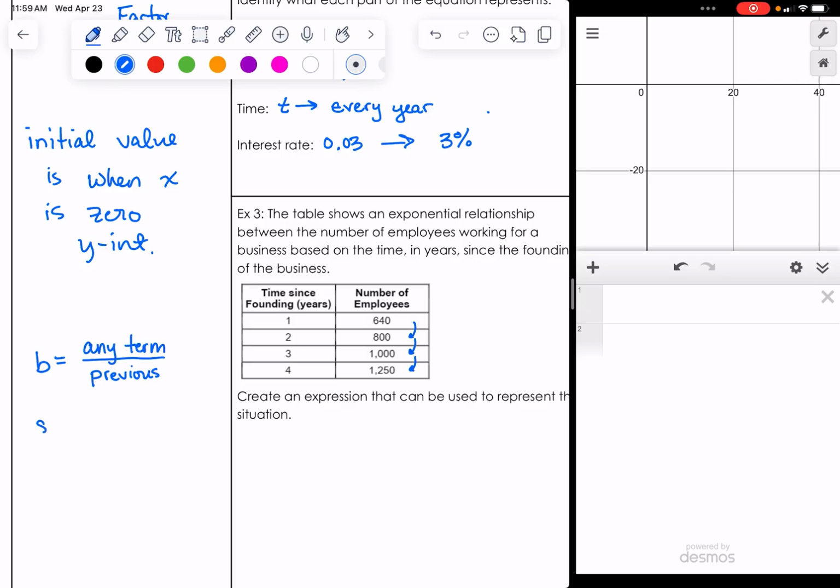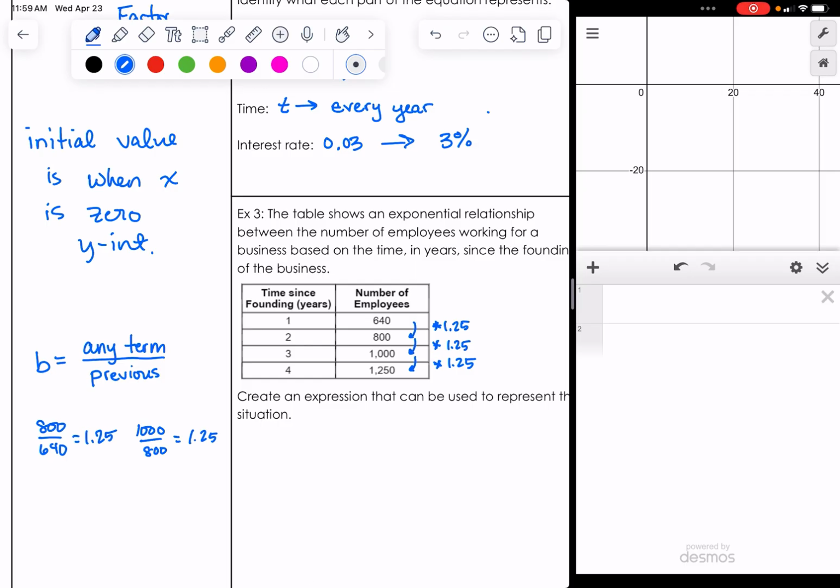So if we take 800 and divide it by 640, we get 1.25. If we were to take 1,000 and divide it by its previous term, 800, we'd get 1.25 again, which means that as we go from year to year, we are multiplying by 1.25 each time. It's our common value, or our common ratio.